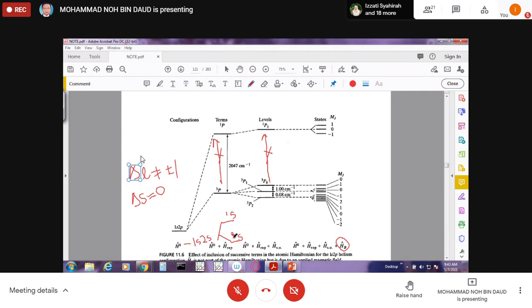So the transition is only allowed between triplet S and triplet P. Triplet S to singlet P is forbidden because of this delta S. But sometimes for the heavy atoms, the spin forbidden transition is allowed, which is the transition between spin multiplicities.